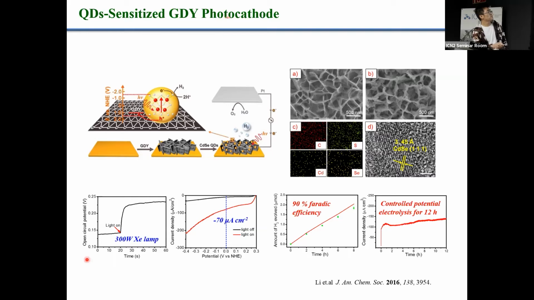And we can see the performance: it can produce 30 milliamperes photocurrent at zero voltage, the Faraday efficiency is about 90%, and it can keep stable for 12 hours. So this is our first attempt. It confirms graphdiyne can be used as a good hole transfer layer for the PEC cell.